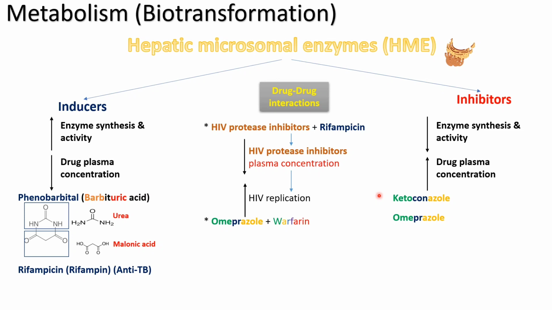So we would expect that omeprazole would decrease the metabolism of warfarin. This would result in an increase in the concentration of warfarin in plasma. And this drug is an anticoagulant drug. So if its concentration is increased in plasma, we would observe bleeding.